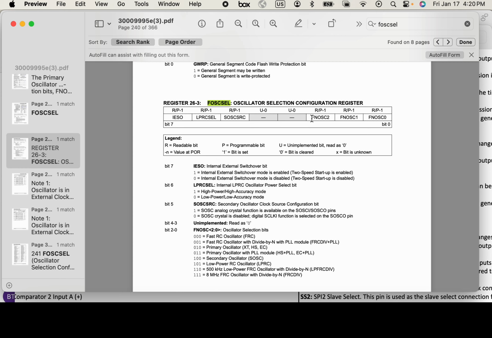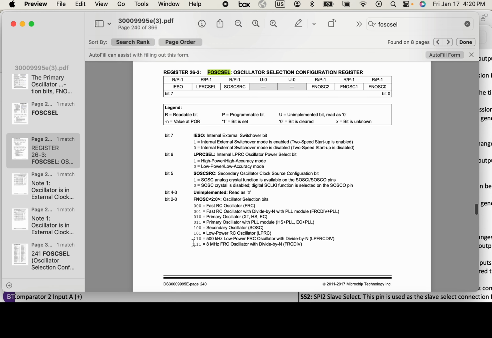These are the FNOSC bits. These 3 bits are the ones that set the oscillator speed from the FOSCSEL register. And with 3 bits, you have these options.